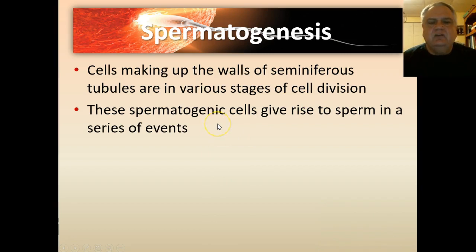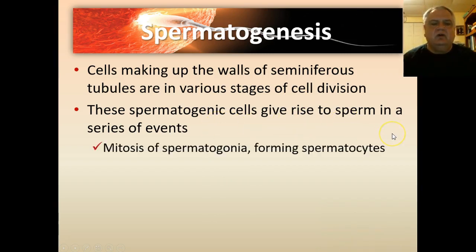These spermatogenic cells will then give rise to sperm in a series of events. This series of events includes, first, the mitotic divisions of spermatogonial cells. These are stem cells, and these stem cells will undergo mitotic divisions, as we just previously talked about on the left side of our previous screen. And those mitotic divisions will result in the formation of what are called spermatocytes.